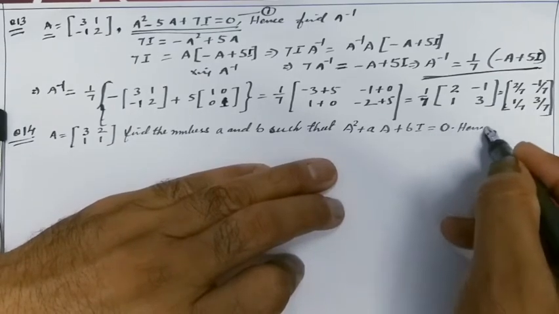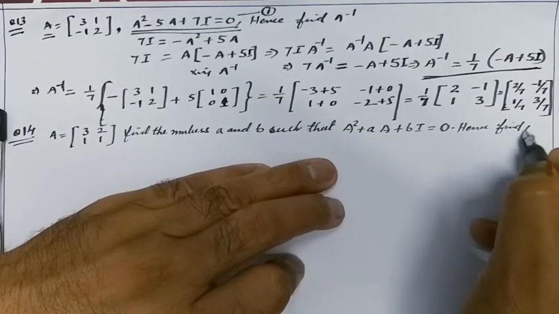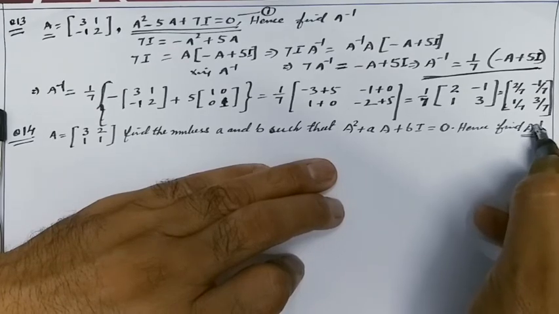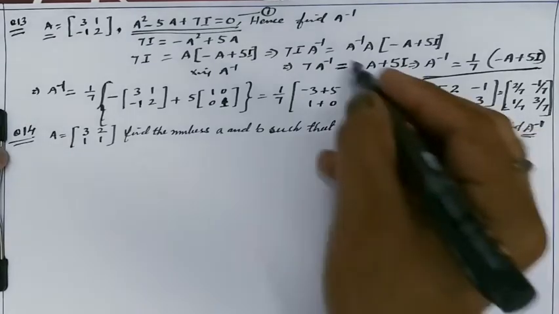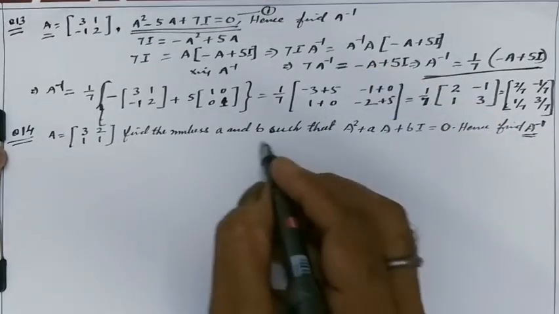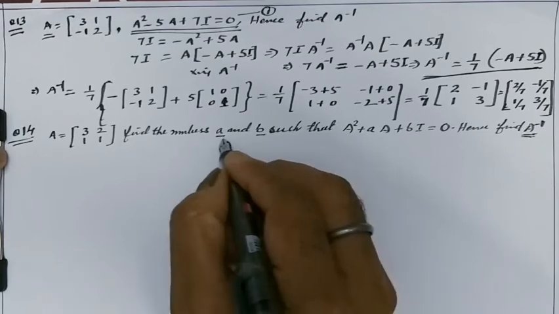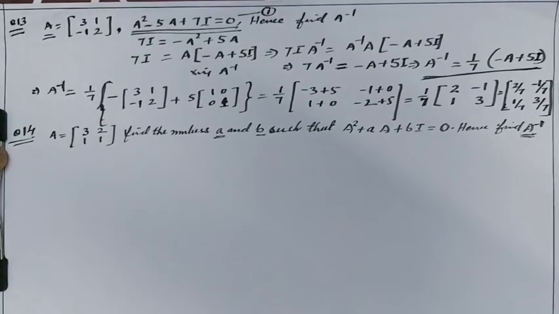Hence, find A inverse. So this question is for A inverse. It is similar to question number 13, but here we need to find the value of these two constants.